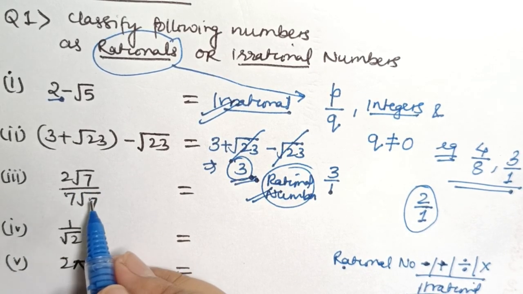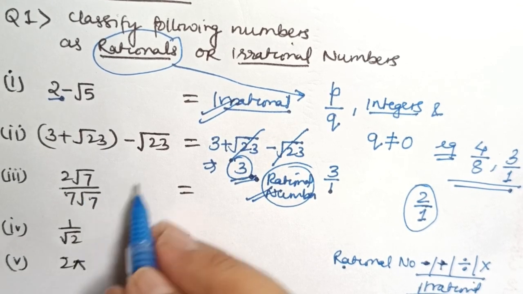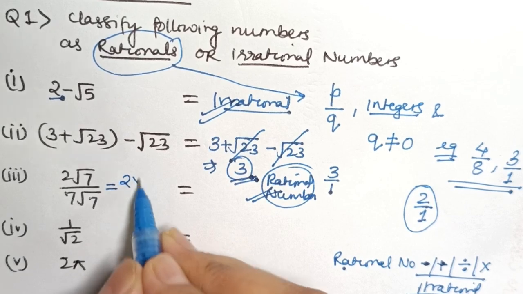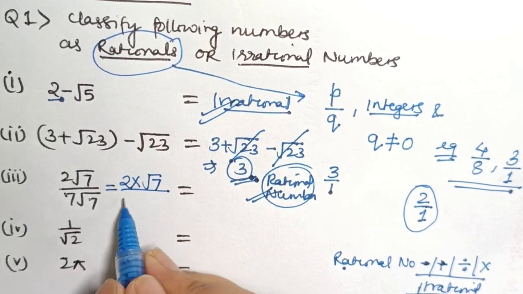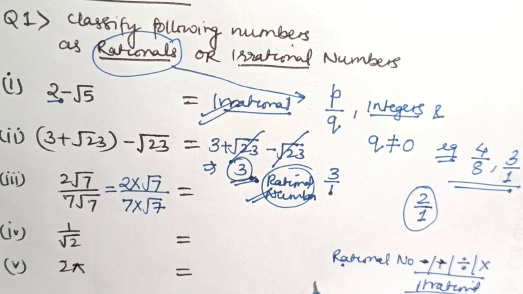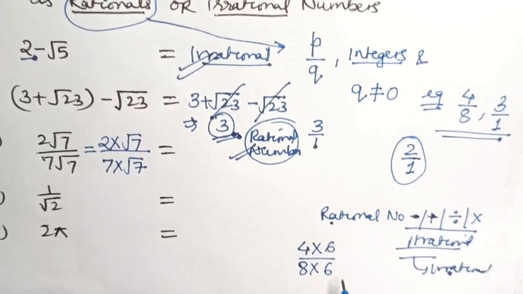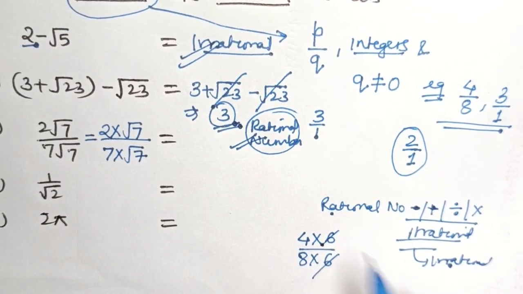Now moving to your third question. You can see if 2 root 7 is written, you can write it as 2 into root 7, because 2 root 7 means 2 is in multiplication with root 7. Okay, suppose a number is written 4 into 6 upon 8 into 6, so 6 will be cancelled out.